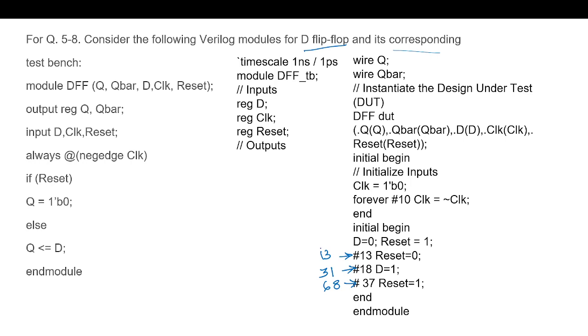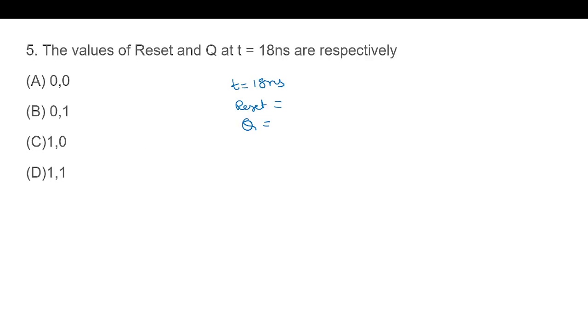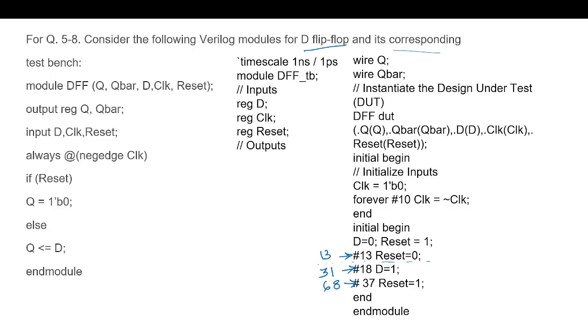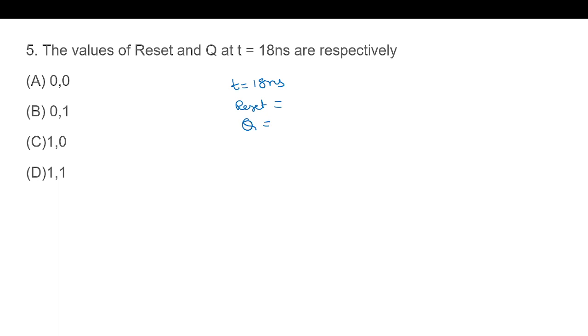So first 18 will be somewhere here. So till this I have to execute. So reset is 0 and D is 0. When reset is 0, output is D. So D is 0, reset is 0. So option A.